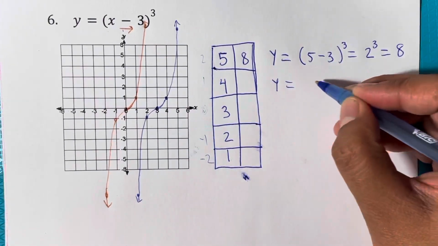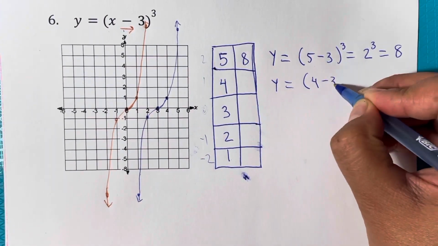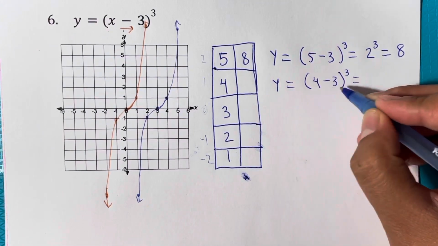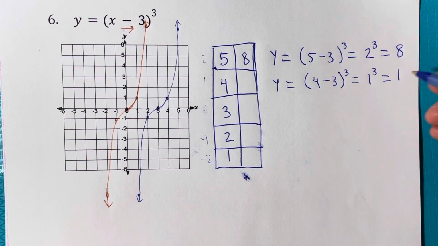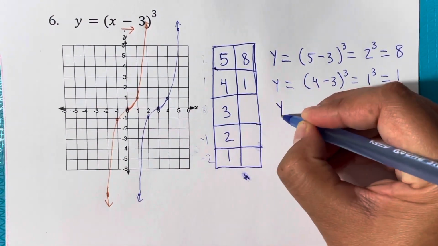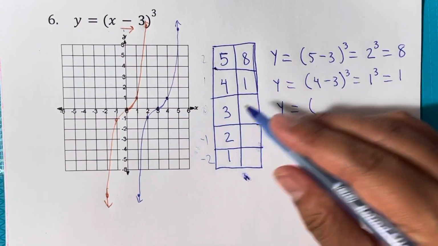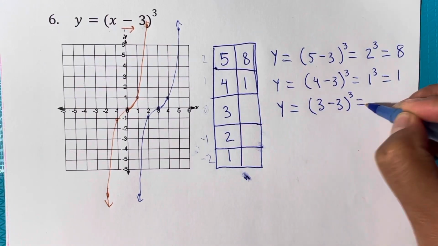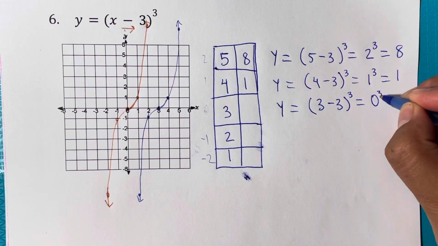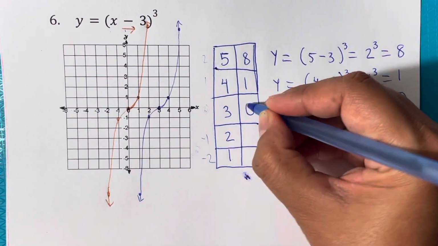For the next one, we have 4 minus 3 cubed. 4 minus 3 is 1 cubed. And 1 to the third power is 1. 1 times 1 and times 1. The next one is 3. 3 minus 3 to the third power. 3 minus 3 is 0. 0 cubed is 0.